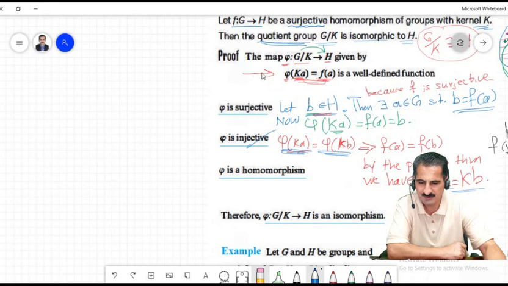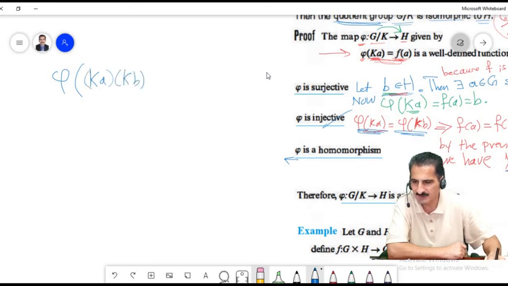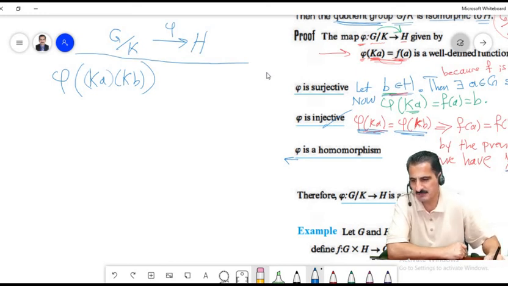Now to prove phi is a homomorphism, let's do it here. Let's say we have phi of Ka times phi of Kb. We need to choose two elements. Remember, phi goes from G over K to H. That equals, because of the definition of coset multiplication, phi of Kab.